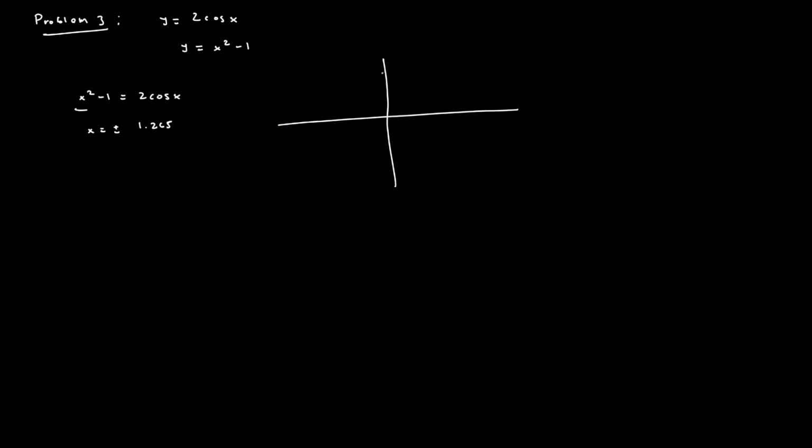So 2 cosine x takes on the value of 2. We know that pi is 3.14, and therefore pi over 2 is greater than this value. And so everything's going to be in between the first arc of our cosine function, where at pi over 2 cosine becomes 0, and similarly at negative pi over 2.